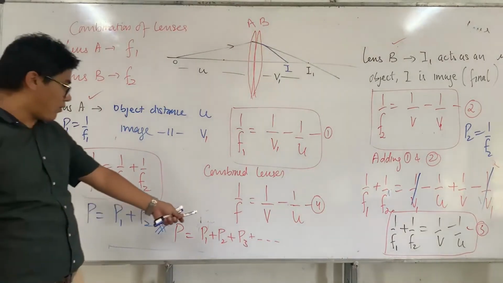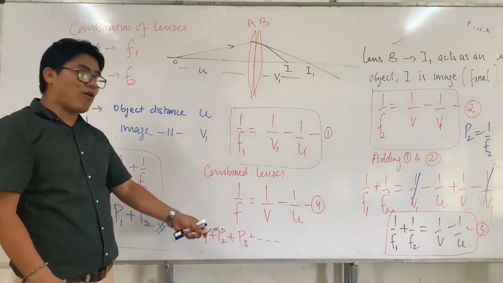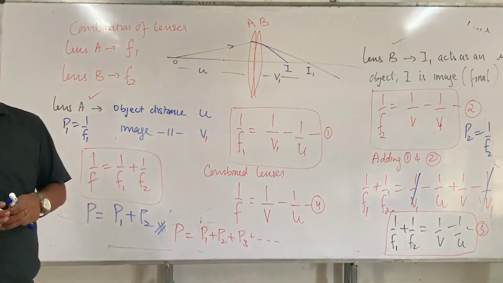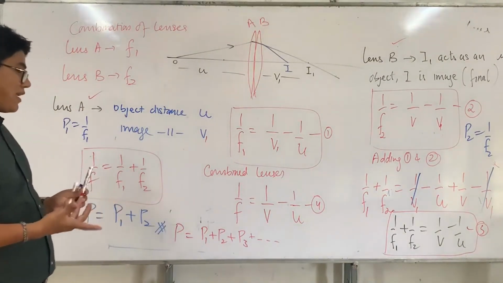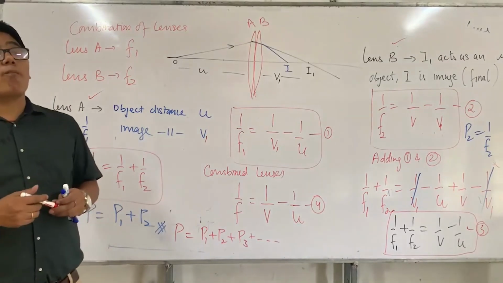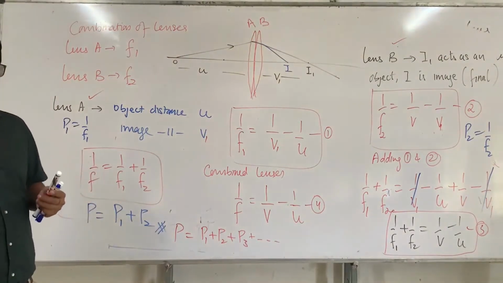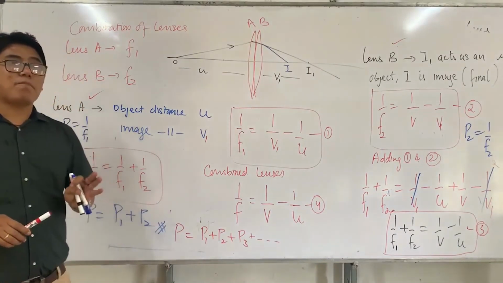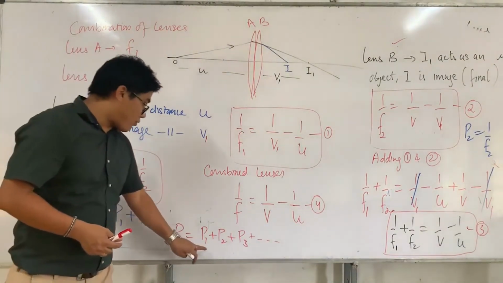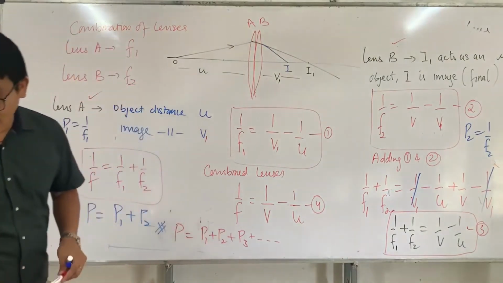Why? Because the power for convex lens is positive, the power for concave lens is negative. So therefore the total power of lens can be obtained by the algebraic sum of power of individual lenses.